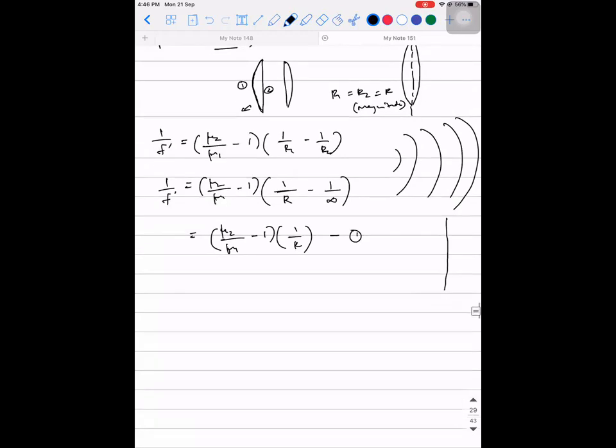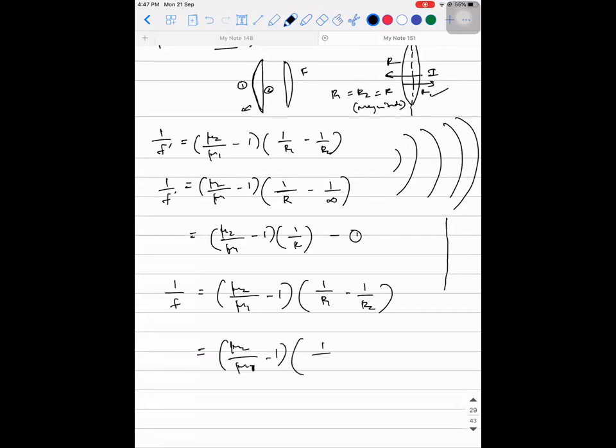What would have been the initial focal length? This is the initial case, this is the final case. So for the initial part, 1 by f is equal to mu2 by mu1 minus 1 into 1 by r1 minus 1 by r2. Tell me, for this surface there's r, there's also r. So it is mu2 by mu1 minus 1 into 1 divided by, in the place of r1, what should I write? r.